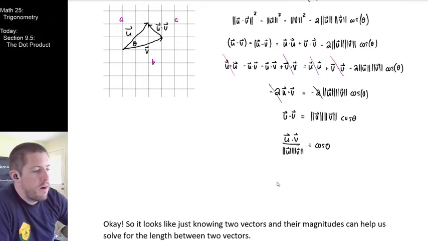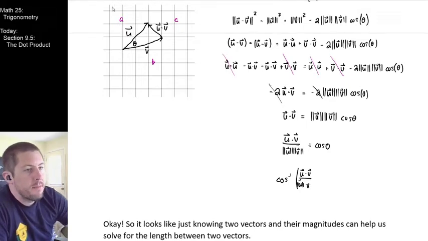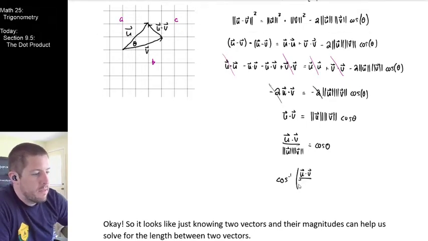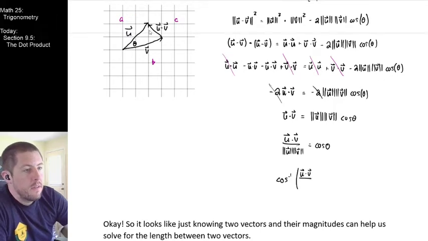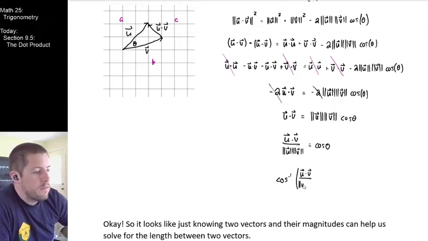Or we could even go so far as to say cosine inverse of u dotted with v over u's magnitude times v's magnitude. Oh my gosh, I messed up writing that down there like 3 different times. Try that again. Magnitude of u, magnitude of v should be equal to theta right here.